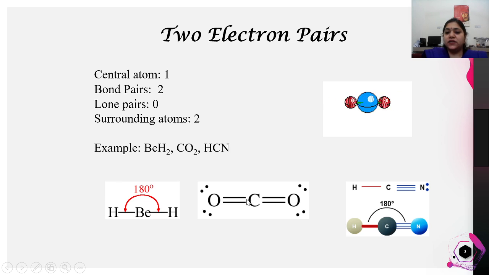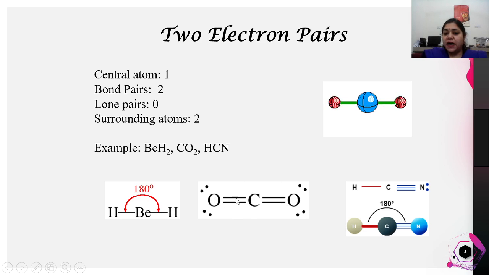Then in the case of CO2, I drew this shape because I just want to make clear that these lone pairs do not have any effect on the shape, because these are lone pairs of the surrounding atom. So only the lone pair of the central atom can disturb the regular geometry of the molecule.